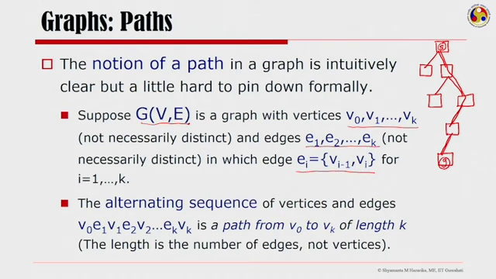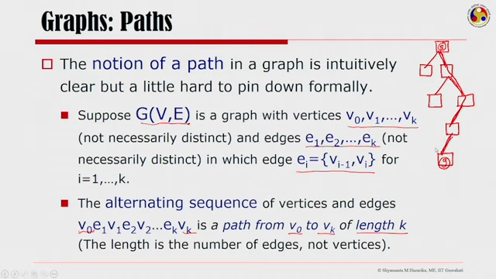The alternating sequence that I get of the vertices and edges, starting from the vertex V0 to V_k, is a path from V0 to V_k of length k. The length is the number of edges and not the number of vertices. So for this path that I have highlighted here, the length of the path is 1, 2, 3 and 4.